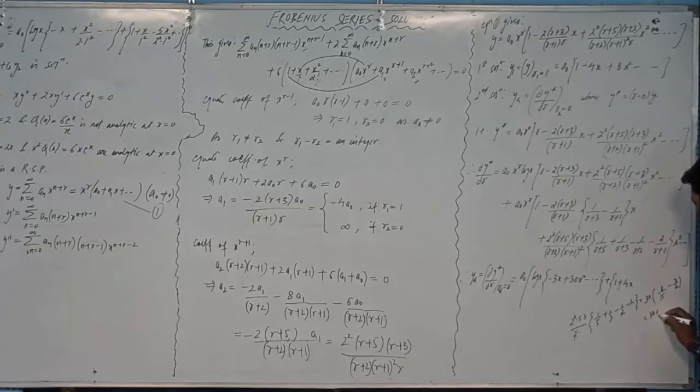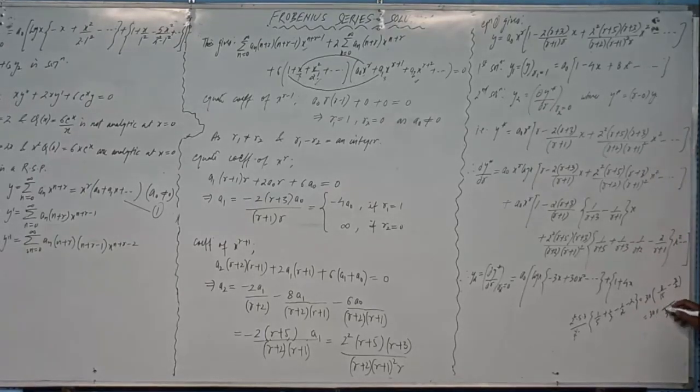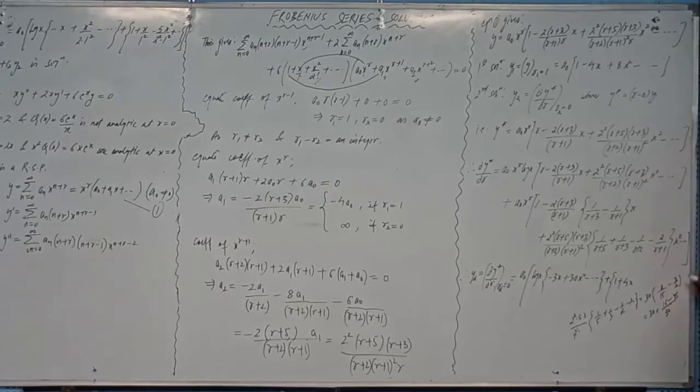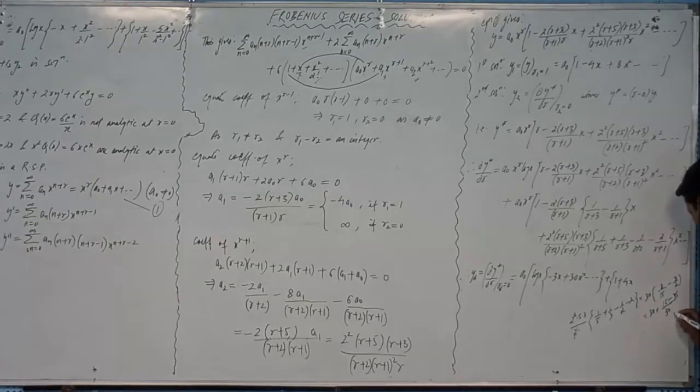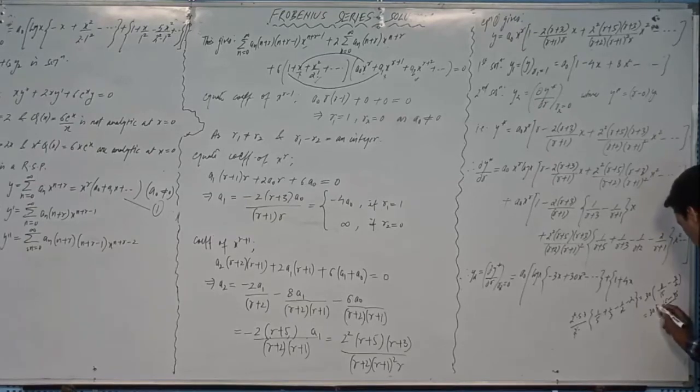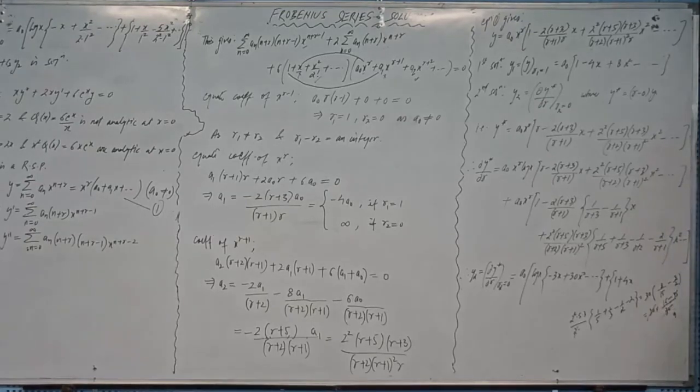And on taking LCM it will give you 30, right? So that will produce 16 minus 45, yeah. So 16 minus 45 will produce, 30 will be cancelled. The good thing is that 16 minus 45 will be the value, right?